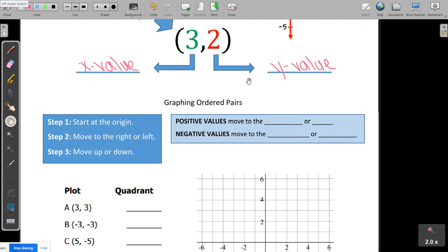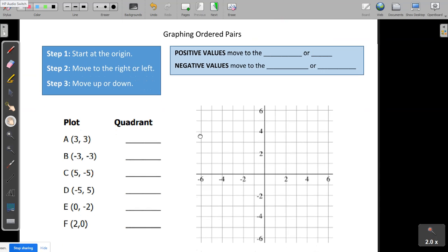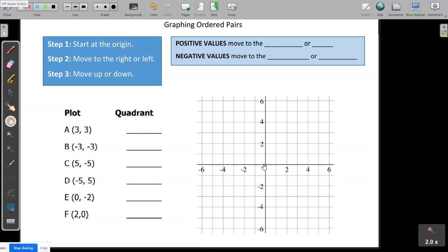So now we're going to be looking into graphing ordered pairs. So there's a couple steps here. The first one is we're going to start at the origin. So again, the origin is 0, 0. Then we're going to move to the right or left. So we're going to move our x value.